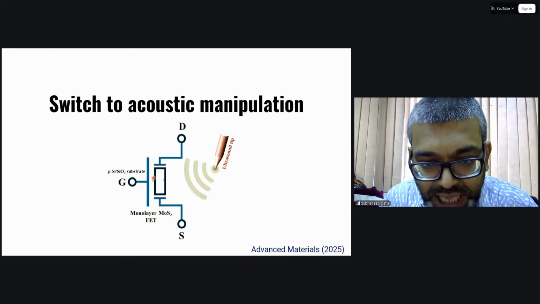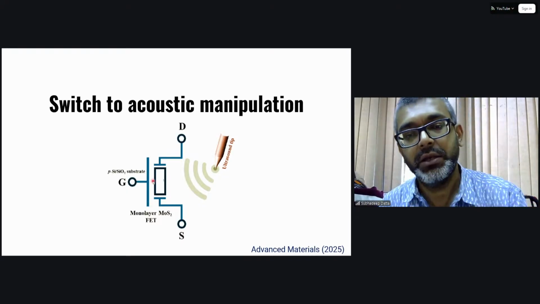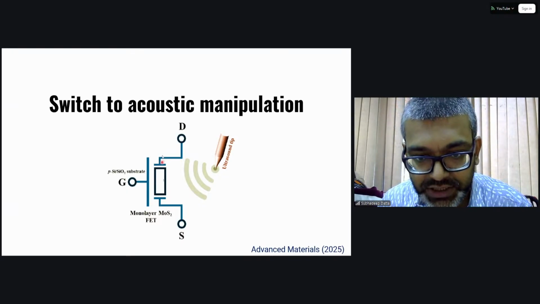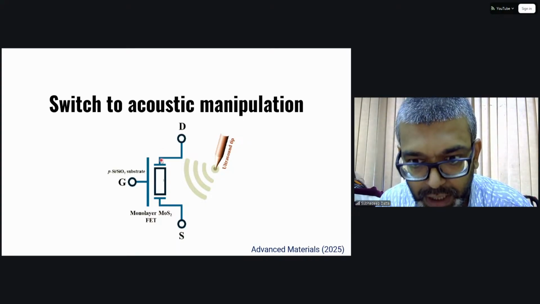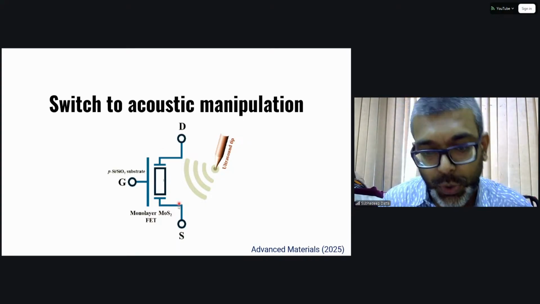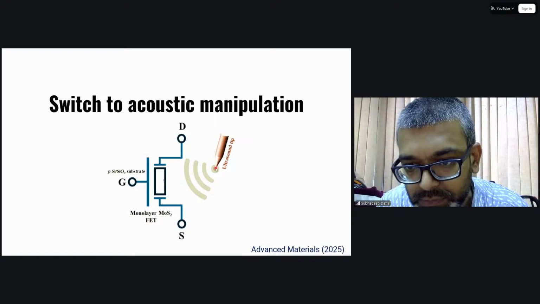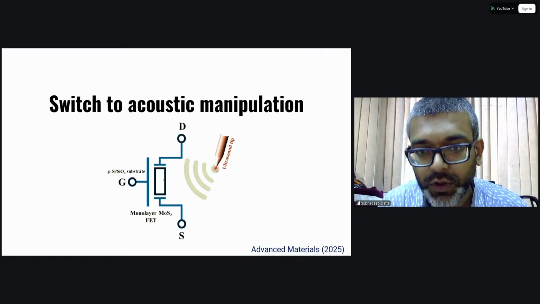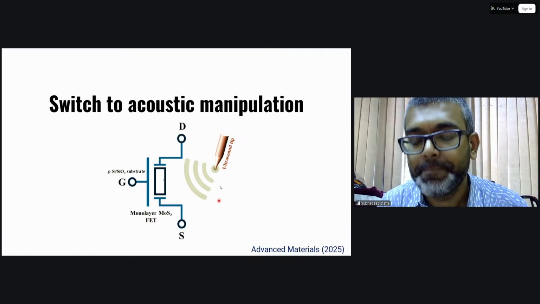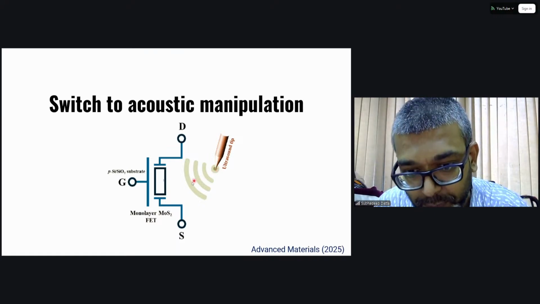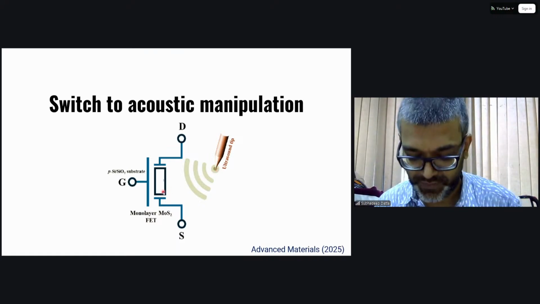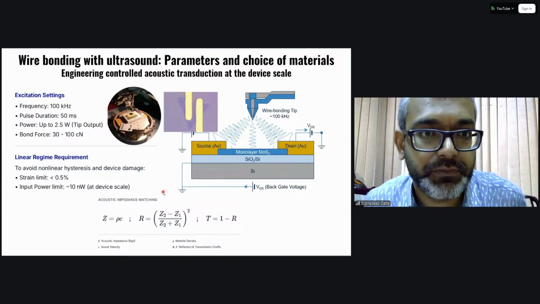This channel will tune the electrical conduction through this FET. Now this is very well known to us, right? The FET architecture. Now if we have an ultrasound tip hitting the surface which is carrying this FET, and then the wavefront passes through it, what will be the effect? This is the main question.